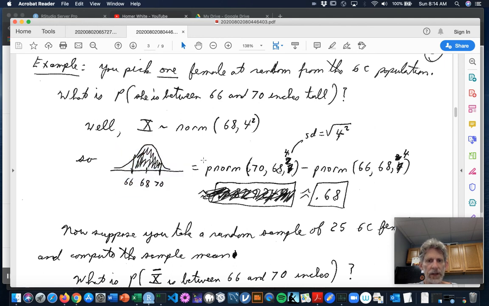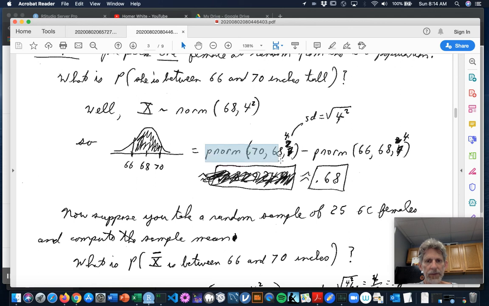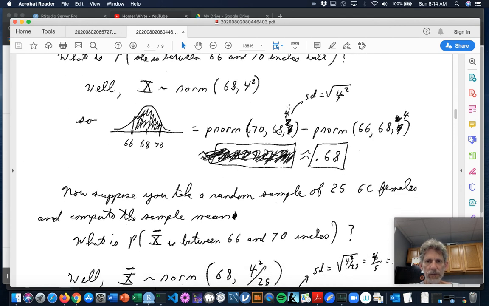And so, you head to pnorm 70, 68, and then you got to do the square root of the 4 squared, which is 4, put in the standard deviation. Look how easy that is to miss. And then you got to subtract off the chance of being less than or equal to 66. And so, once I corrected my own error, sticking in the variance instead of the standard deviations, I get 0.68.